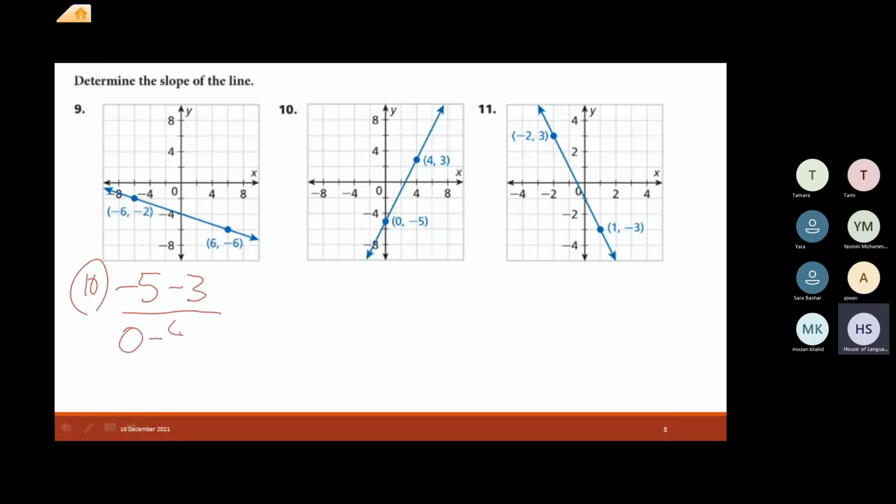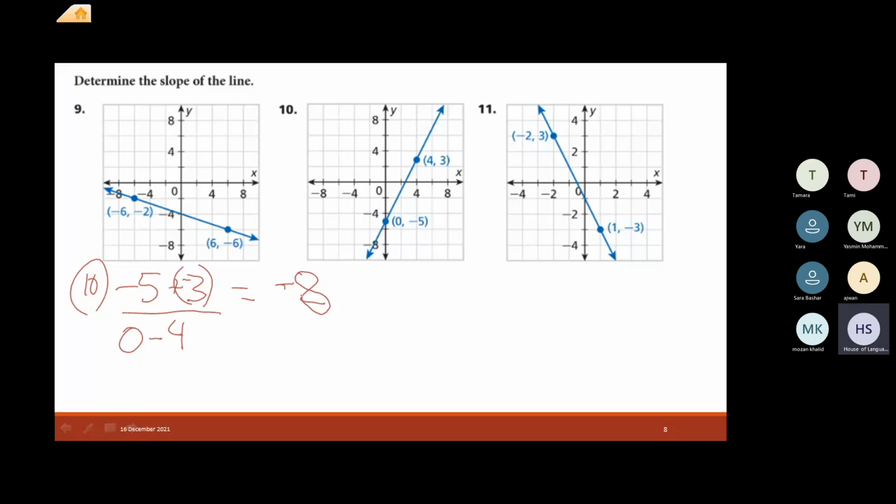Negative 5 minus 3, Juri. Continue. Negative. Wait. Negative 5 minus 3, negative 8. Change the opposite sign. Nada, look here. Okay, change. Flip. Four points.